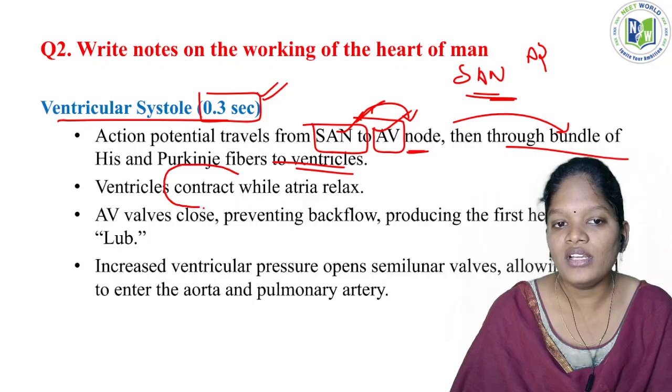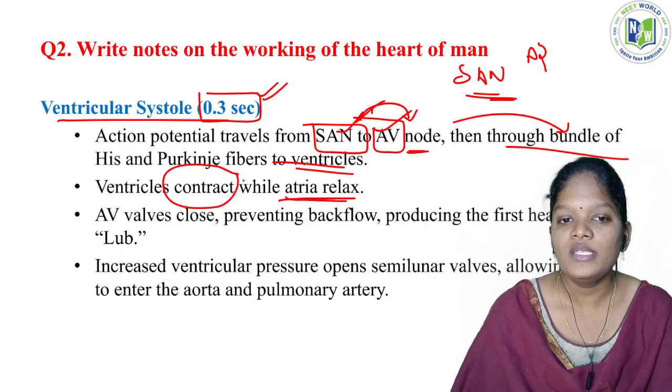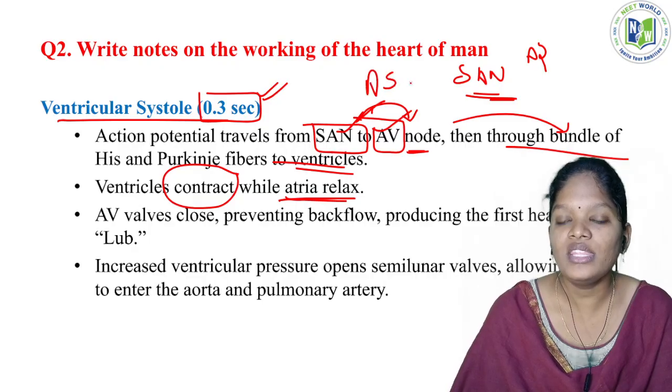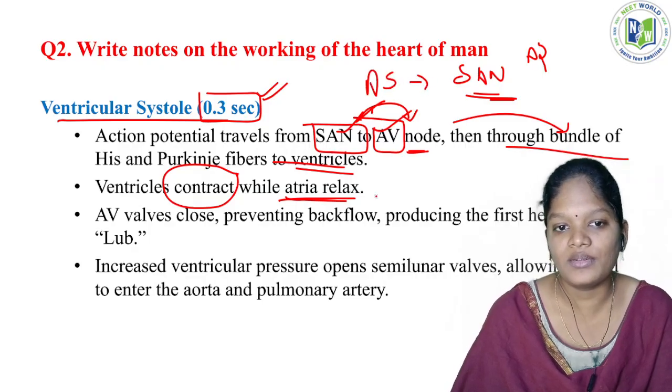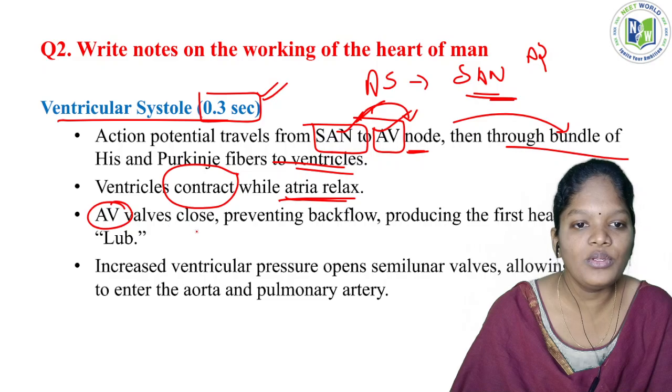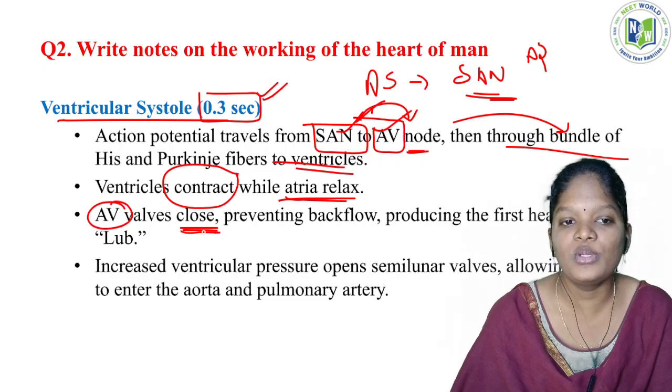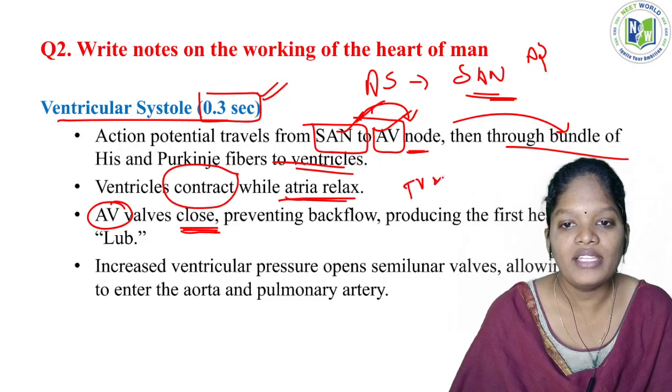At the time of contraction of the ventricle, the atrium relaxes. At the time of atrial contraction, the ventricle is relaxed. Now the AV valves, our atrioventricular valves, which means the tricuspid valve and the bicuspid valve.